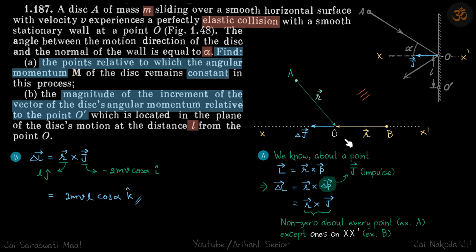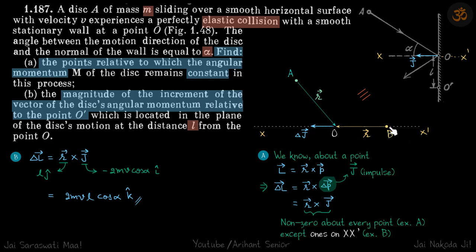So you can see r cross J will be finite. So only if position is parallel to delta J, which will be the case if our point about which we are calculating angular momentum is on this x dash line, only then the value of r cross J becomes 0.